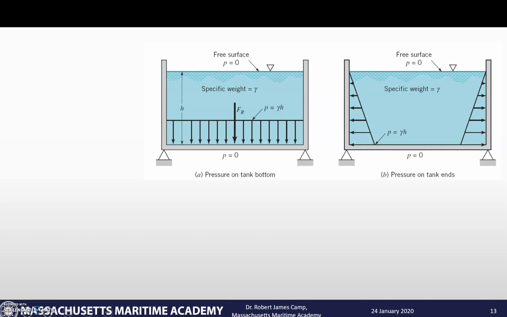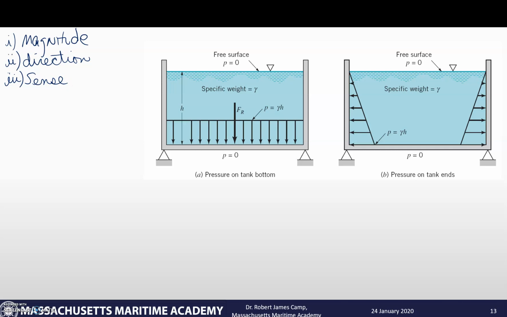With the distributed load, we need to know the magnitude of the concentrated load. Aside from the magnitude, we're also going to need to know the direction, because it is a vector. And then the last thing we need to know is the sense. We need to know which way it is pointing.